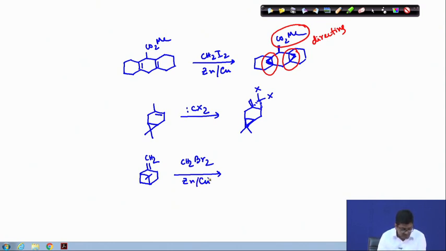So, what has that given? That has given this product, that exocyclic double bond becomes the corresponding cyclopropane ring. Okay.